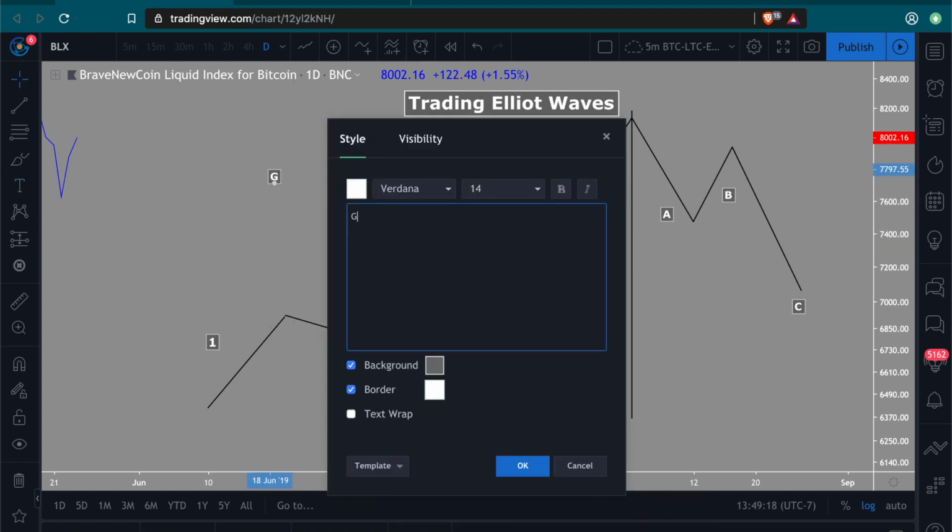He calls it the grand super cycle, which is centuries. The super cycle is in decades. The cycle is known as years. The primary is months to years. The intermediate is weeks to months.